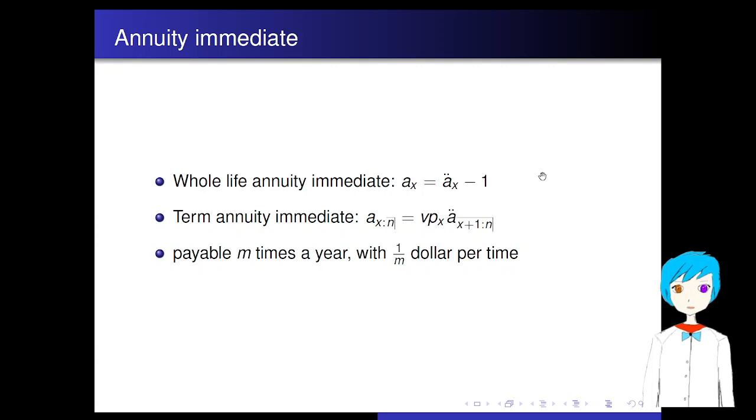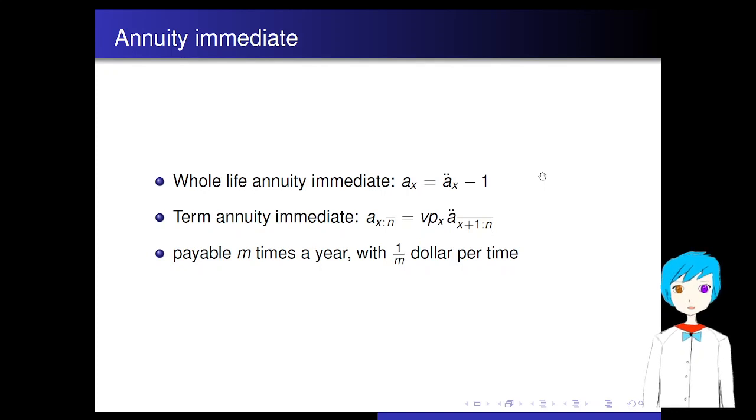We have the annuity immediate, which means that the annuity will pay immediately after the insured life purchases the annuity, and also the annuity is paid at the end of each period. So for the whole life annuity immediate, we have a_x equals a-dot_x minus 1.